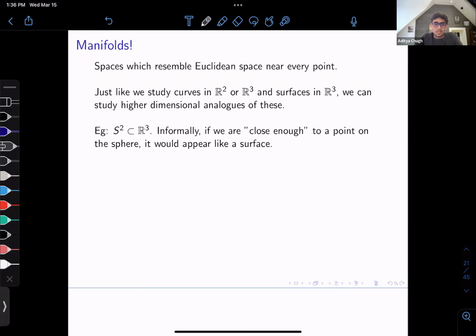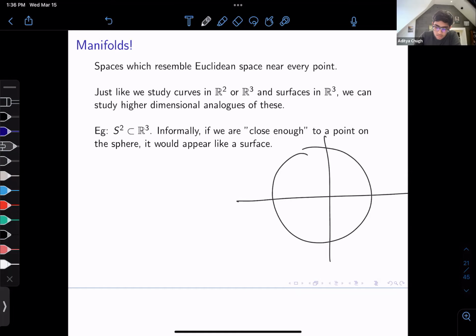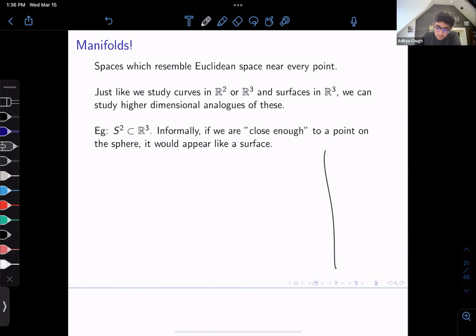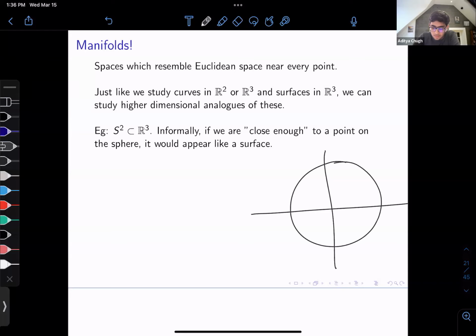For example, in the case of a sphere, actually, if we consider the circle S1 in R2, you could consider a map from 0 to 2 pi going onto the circle, but not this point.